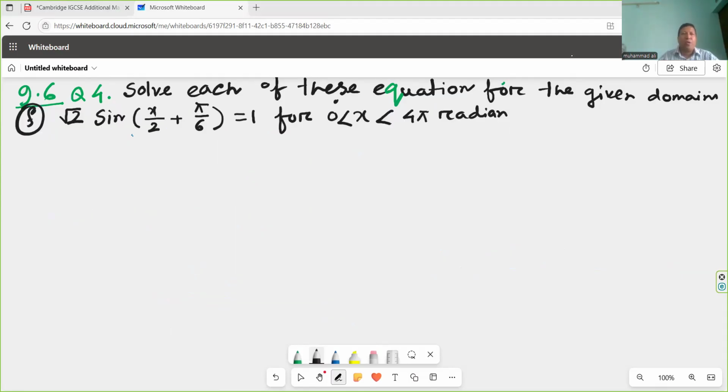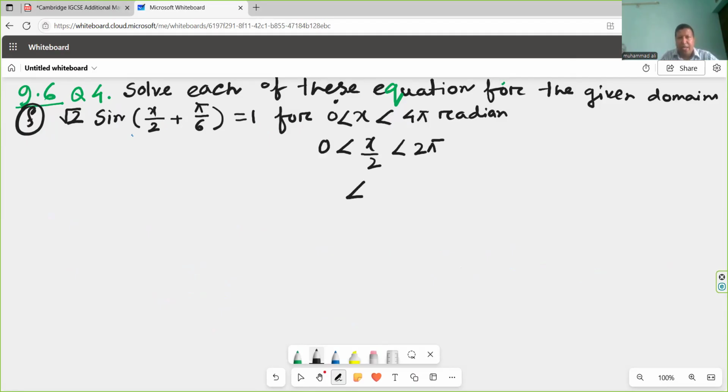F number: root 2 multiplied by sin(x/2 + π/6) = 1 for 0 < x < 4π radians. So we have to rearrange this domain. If we multiply by half, we will get x/2, from 0 to 2π.